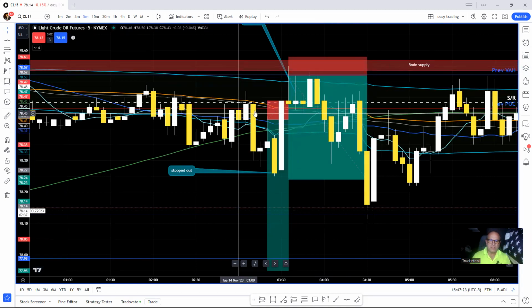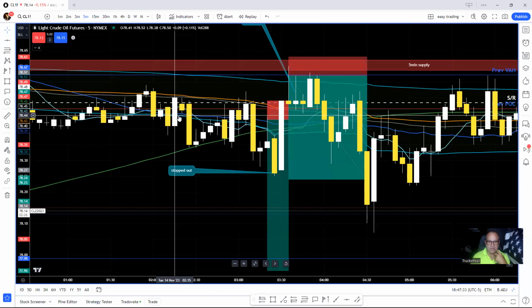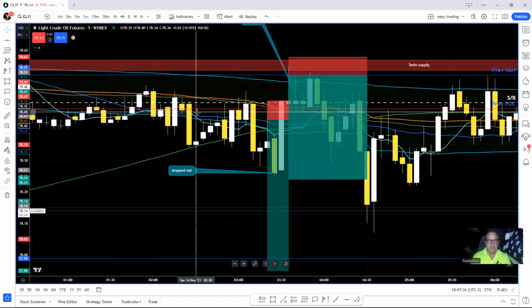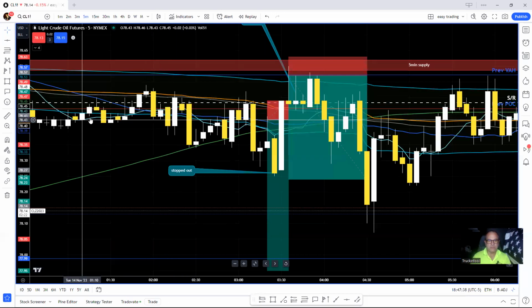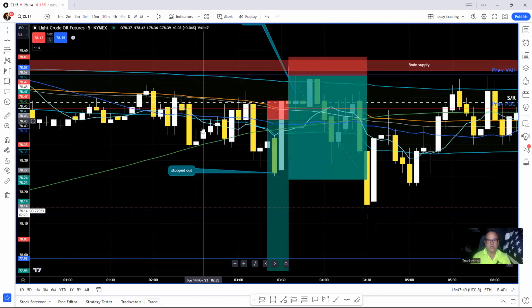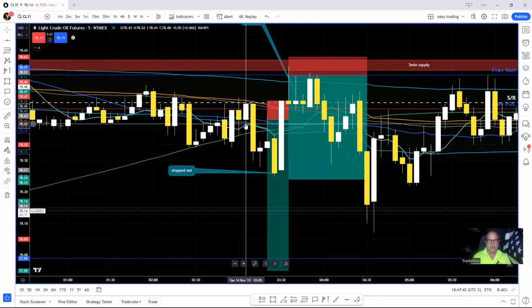So my thought process, as the London market opened at 3 o'clock in the morning, I believe that's the open. It could be earlier. It might be 2 o'clock. But price was holding below VWAP pretty much the entire time.